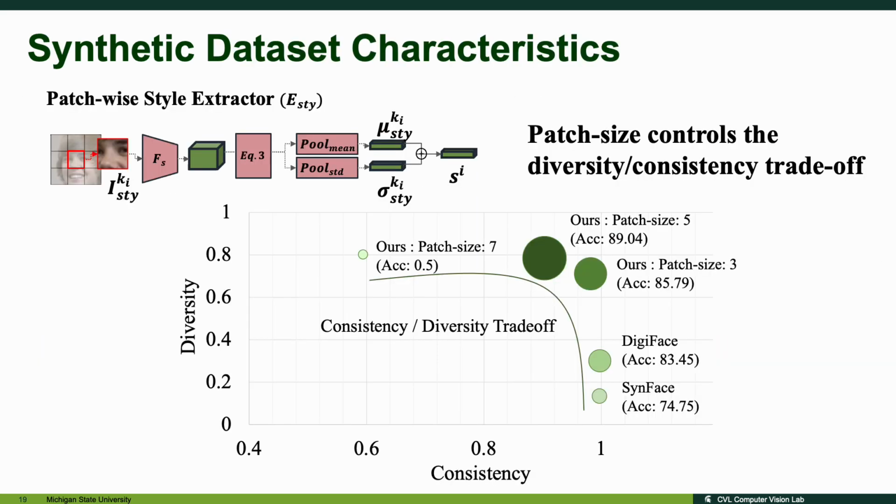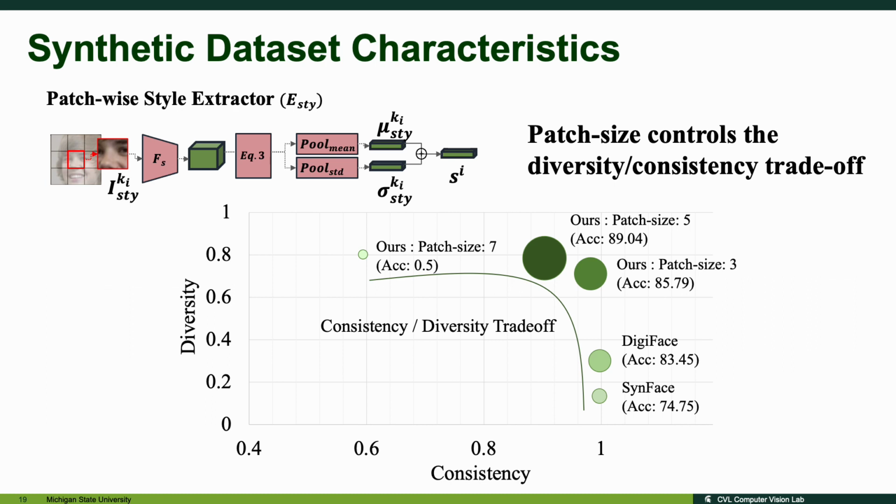Recall that DCFace effectively manages the trade-off between diversity and consistency by adjusting the patch size within the style extractor. As illustrated in the figure, we observe that a decreasing patch size from 7.5 to 3 results in a decrease in diversity but an increase in consistency.